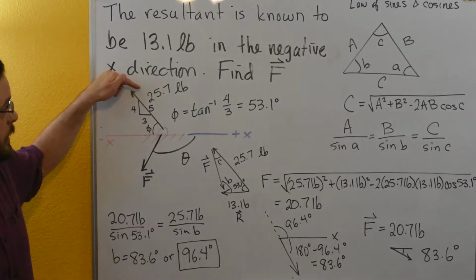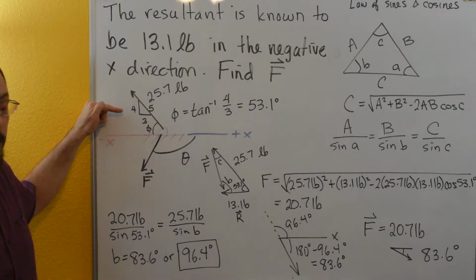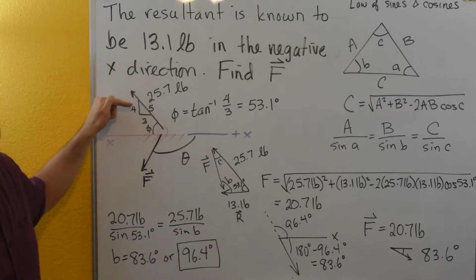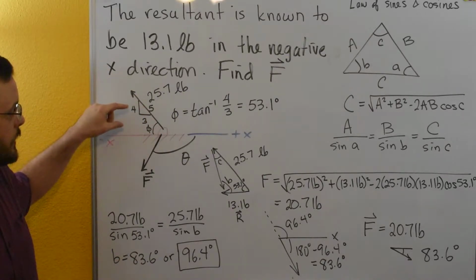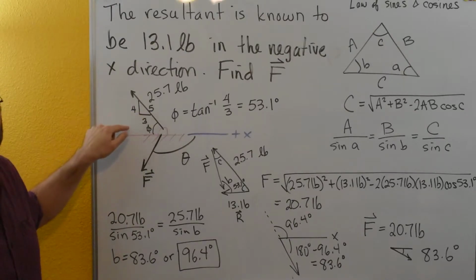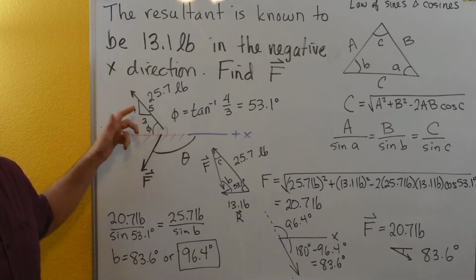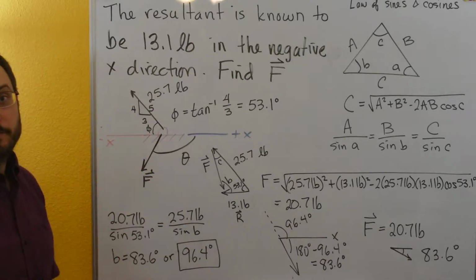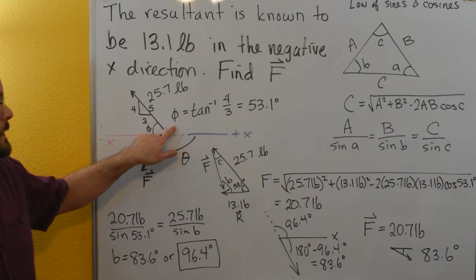With this problem, we have this 25.7 pounds, but instead of being given an angle, we're given a similar triangle. This means that this vector goes in the same direction as this 3, 4, 5 right triangle. You'll see a lot of these 3, 4, 5 problems throughout statics, in pretty much any textbook. So we're going to calculate this angle theta.